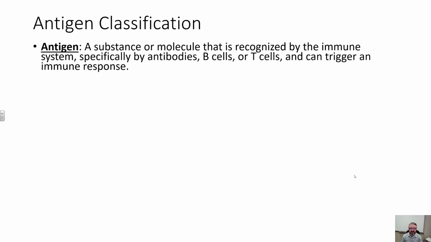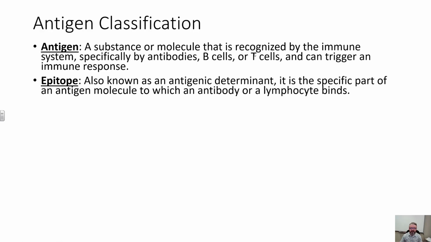So an antigen is a substance that we react to. Usually it's the antibodies, B cells, or T cells that are doing the reacting. The epitope is that specific component that we are reacting to.